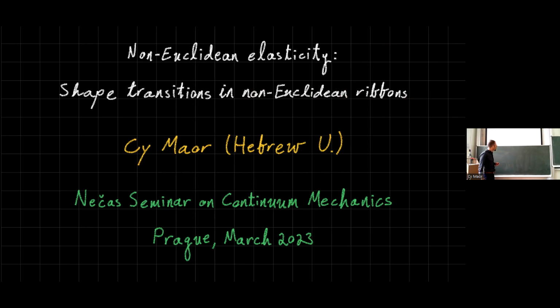So the talk will have roughly three parts. The first part, I'm going to introduce the model for non-Euclidean elasticity in general, in the bulk, and to motivate it a bit. Then I'm going to focus on thin structures, and then I'm going to present some work on non-Euclidean ribbons. The first two parts will be completely mathematically rigorous, in the sense that there will be theorems that I stand behind.